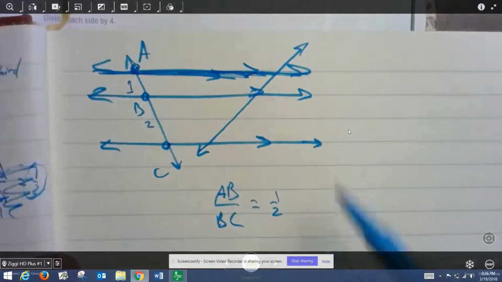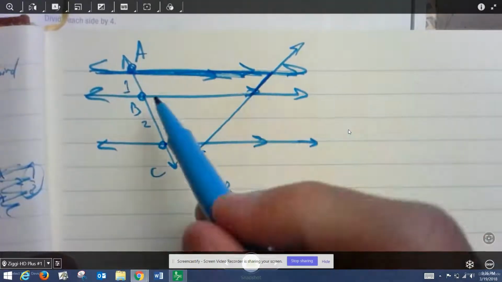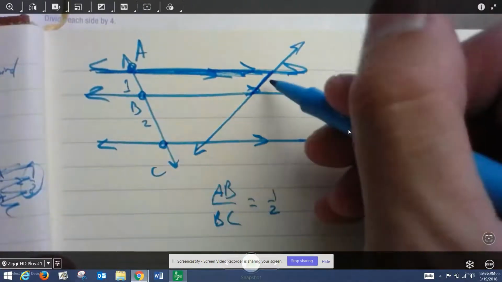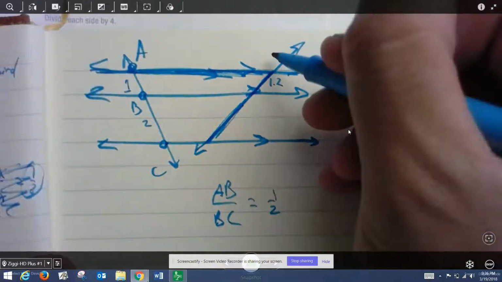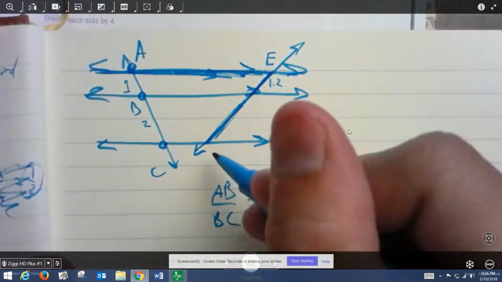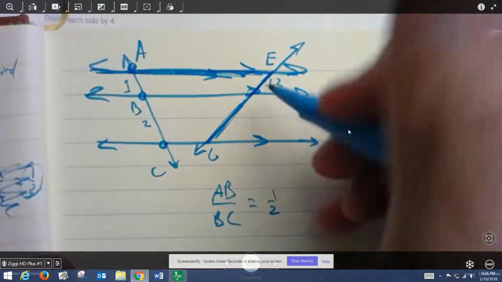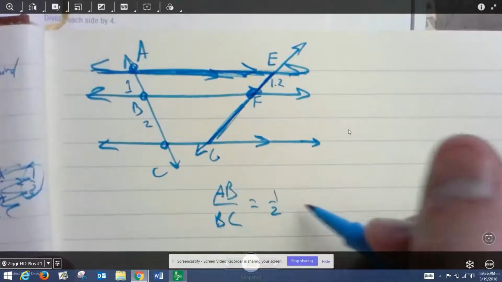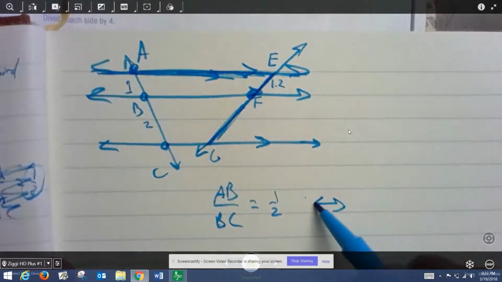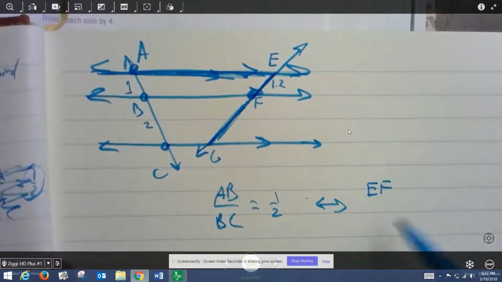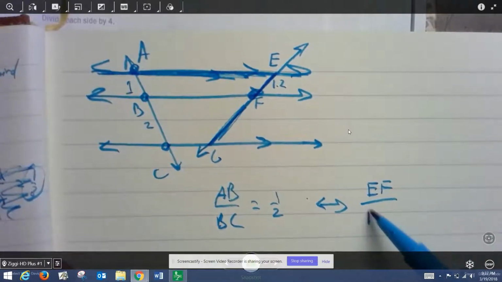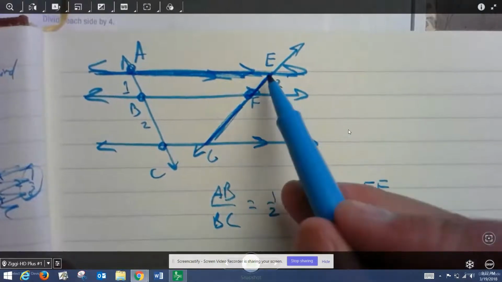And let's just say this line segment is slightly longer than 1, but it's 1.2. So let's just call this E to G, and then this is going to be F. Let's see how this compares: EF over FG, meaning this segment to this segment here.